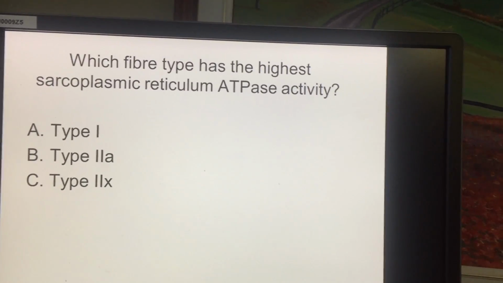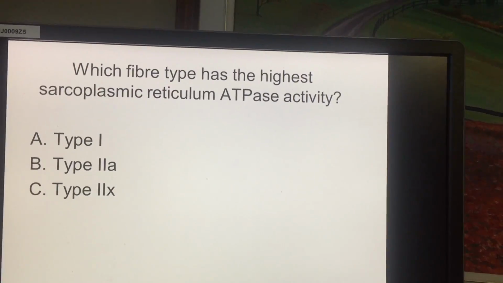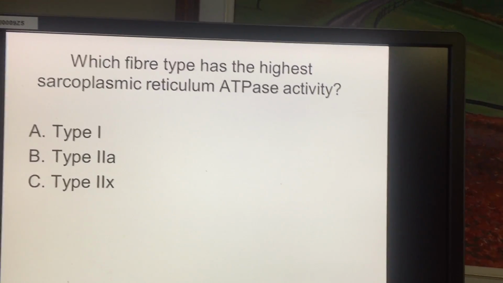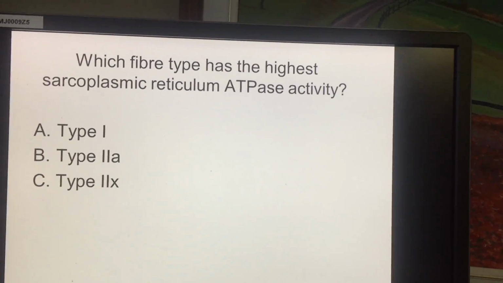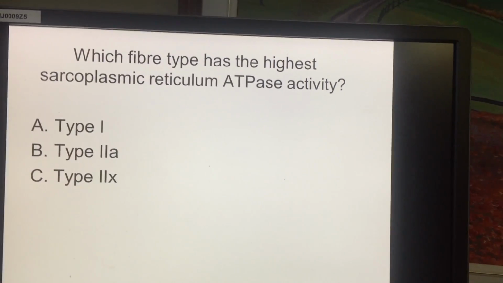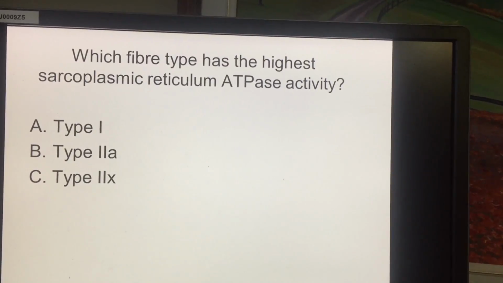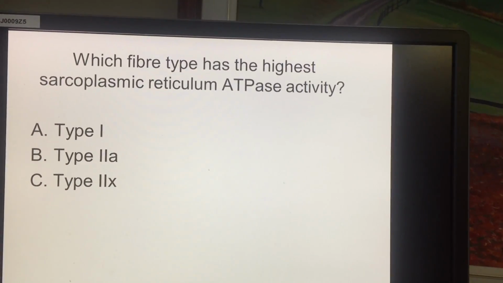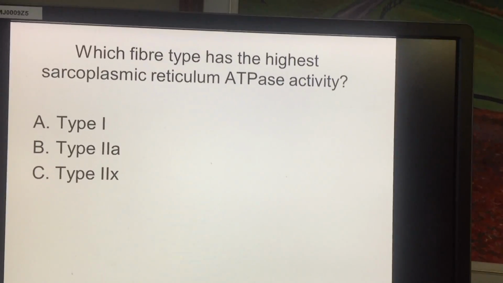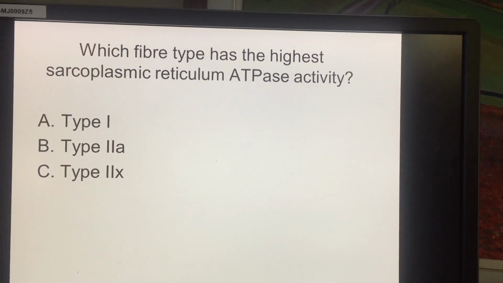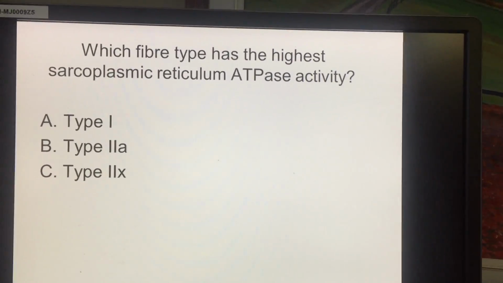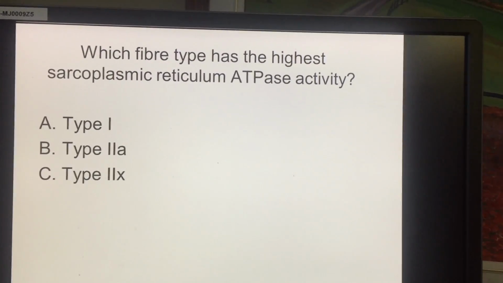A high sarcoplasmic reticulum ATPase activity will allow you to break down ATP and pump calcium back into the sarcoplasmic reticulum at a faster rate after contraction. So type 2X fibers have the fastest relaxation rate because it allows them to break down ATP faster for energy to pump calcium back into the sarcoplasmic reticulum.